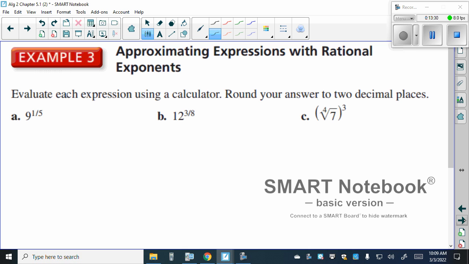Evaluate each expression using a calculator. Round your answer to 2 decimal places. So most likely, these are not going to come out to be whole numbers. And especially with the first one, 9 to the 1/5. So we're trying to look for a number that multiplied by itself 5 times gives us 9.